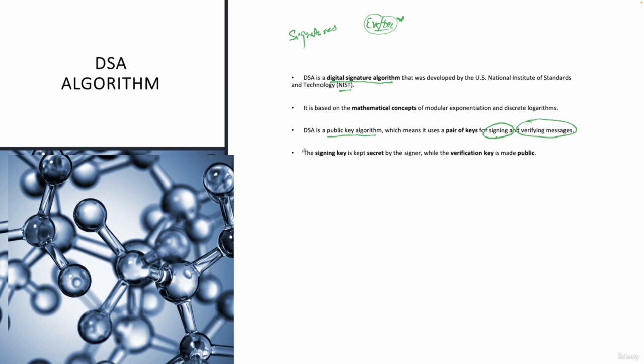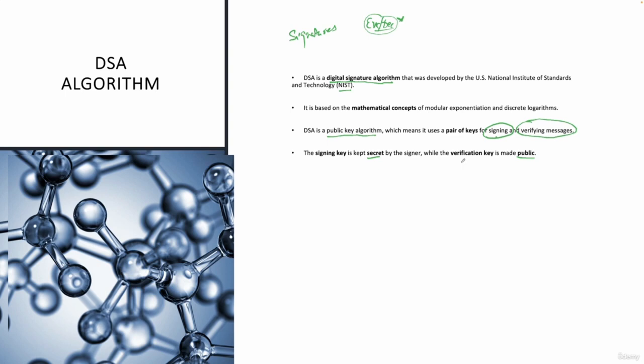The signing key is kept secret, which means we are signing with a private key, and on the other side, you are verifying it with the public key, right? Because it's a public key algorithm, you have a public-private key pair, you sign with your private key, and then on the other side, you use the public key for the verification.